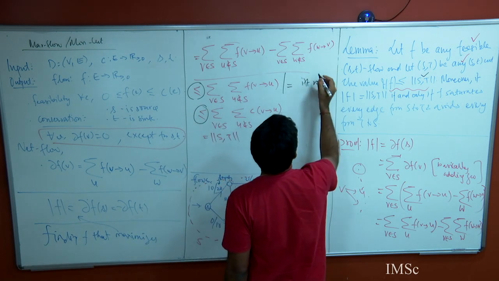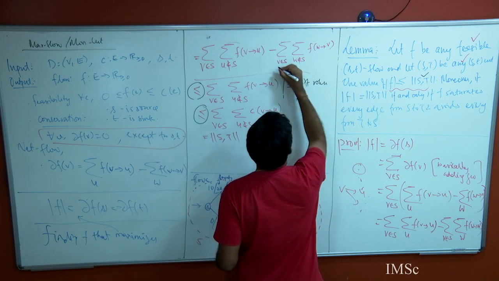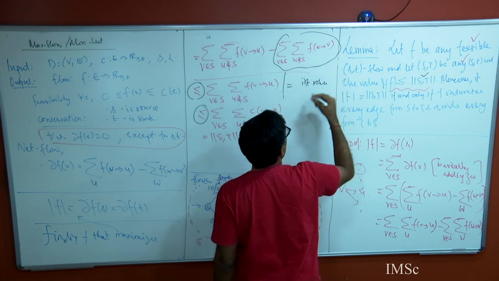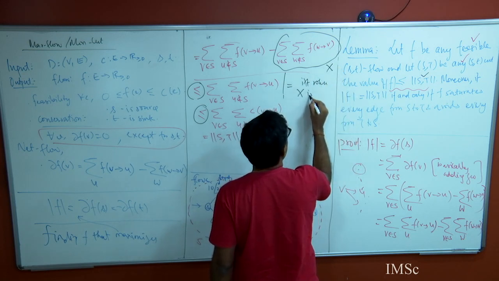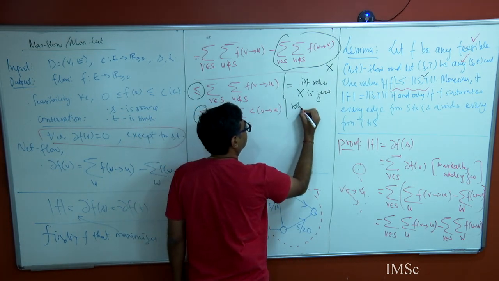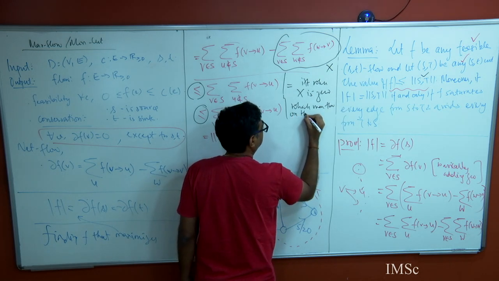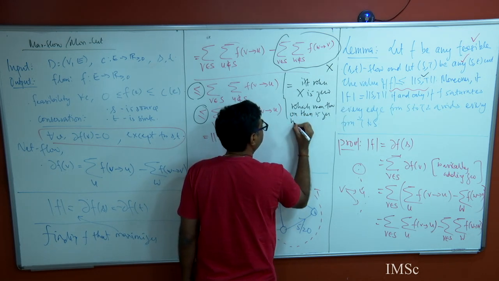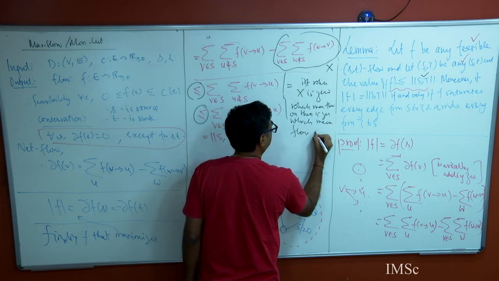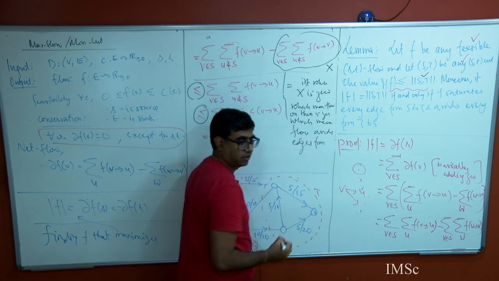Because every quantity is positive, this holds with equality if and only if, say, what we called capital X is 0, which means flow on them is 0, which means flow avoids edges from T to S.